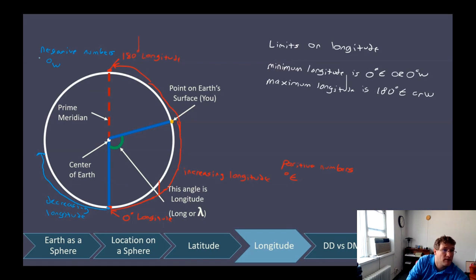So if you see a negative number in reference to longitude, you know you're heading west of the prime meridian. If you see degrees west, note that we're talking about negative longitude. And so the minimum value is actually negative 180 degrees west.